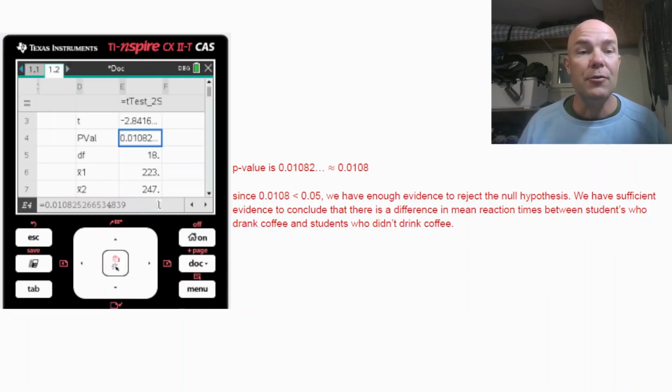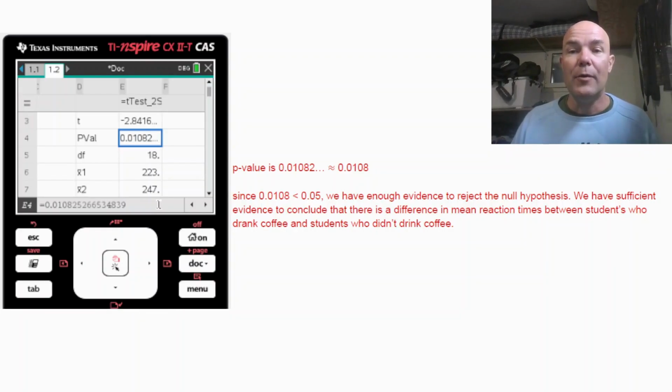In our case, group number 1 was students who drank coffee, and group number 2 was students who did not drink coffee. So we could have an extra step saying that for students who drank coffee, the mean reaction time is smaller than for students who did not drink coffee, based on the data given in the question.